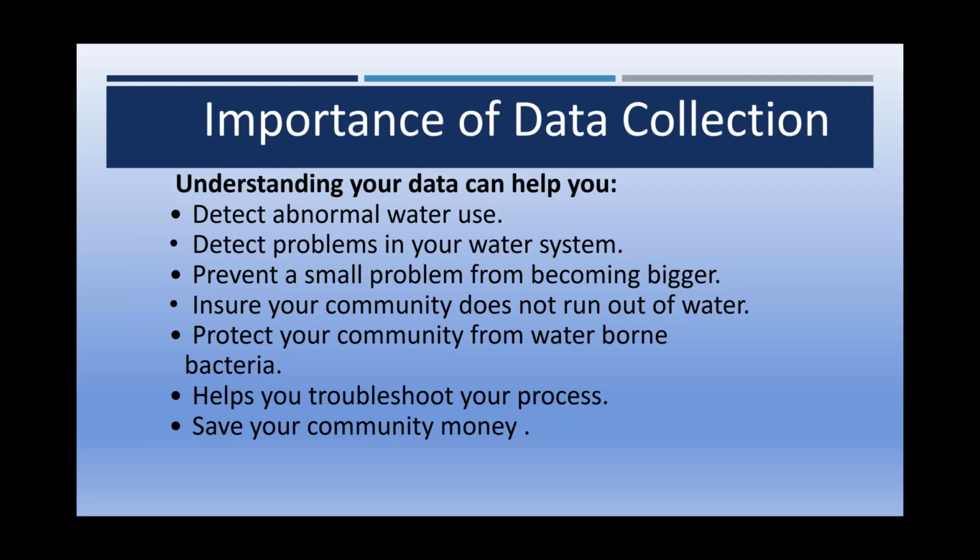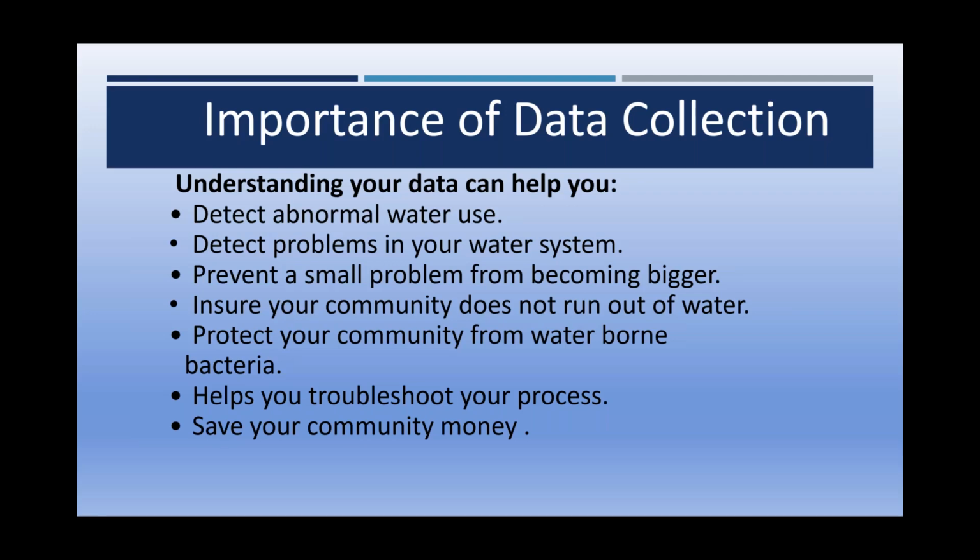If you can detect a leak while it's still small, you can locate it, hopefully, and fix it before your reservoir runs out. Generally speaking, you're going to have 2 to 4 days of water in your reservoir, but that's under normal use. If you've got a leak, you can lose that water very quickly. And of course, the primary goal here is to protect your community from any waterborne bacteria.